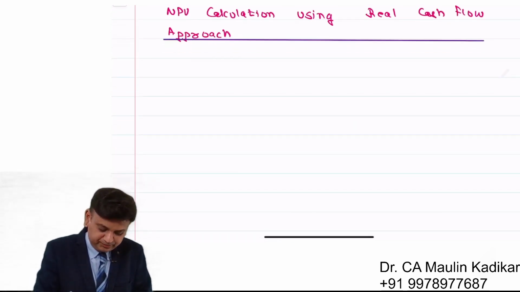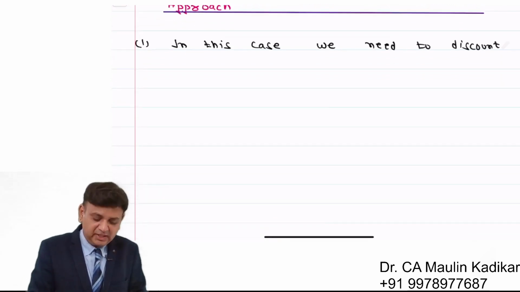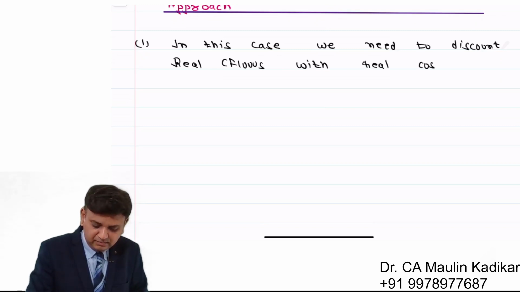In that, write down the first point: in this case we need to discount real cash flows with real cost of capital.